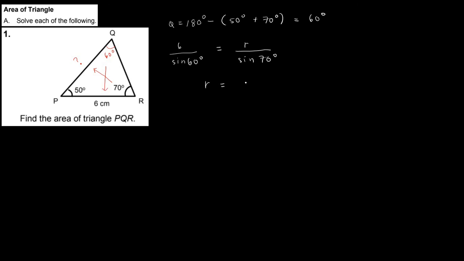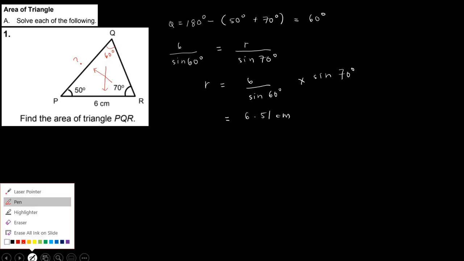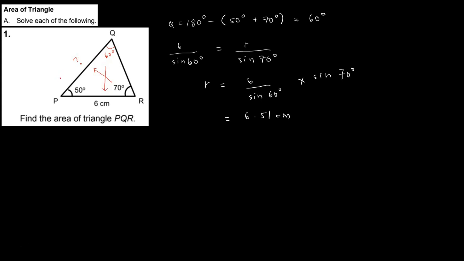So side R is 6 over sine 60 degrees multiplied by sine 70 degrees. And from there we get the length of R is 6.51 cm.